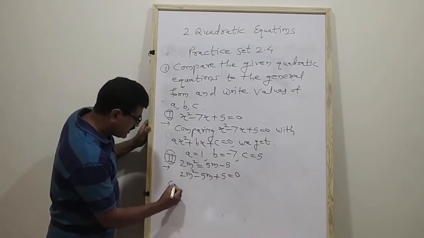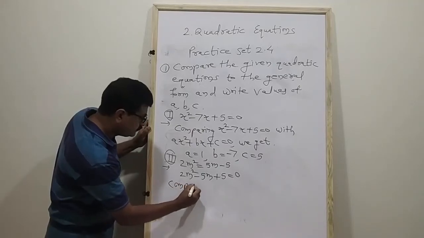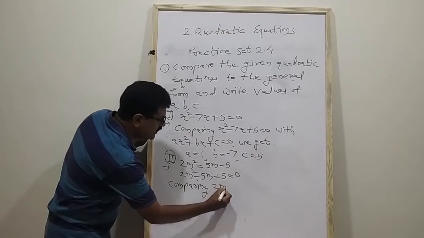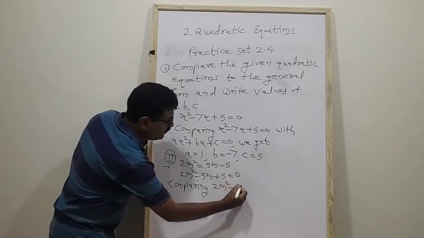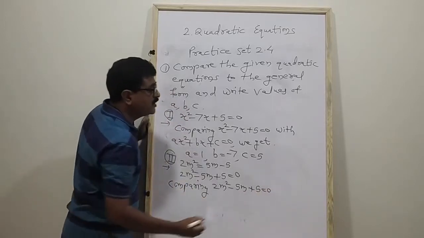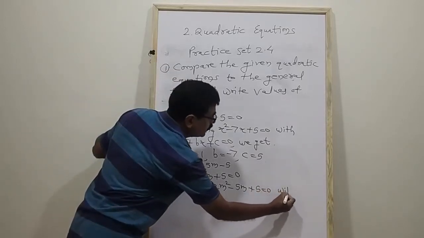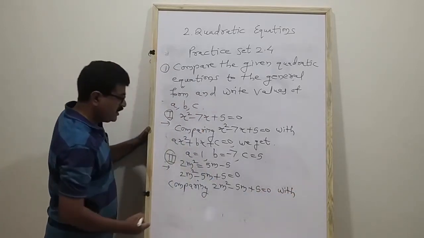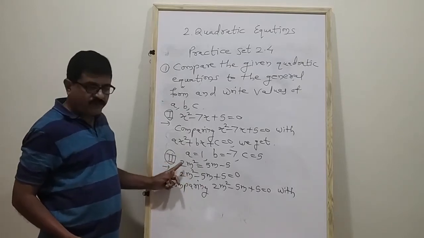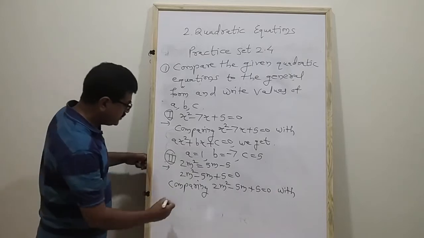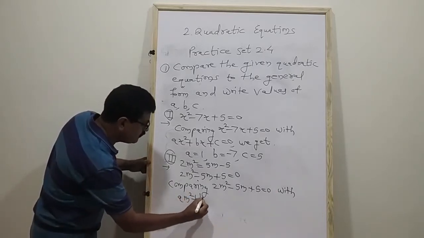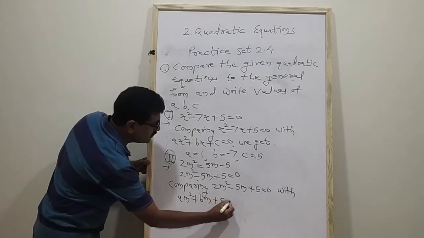Now write down here, comparing 2m square minus 5m plus 5 is equal to 0 with the general equation in the form of variable m, that is am square plus bm plus c is equal to 0.